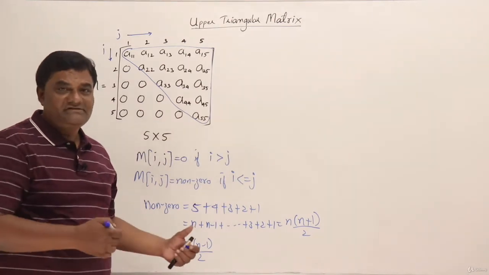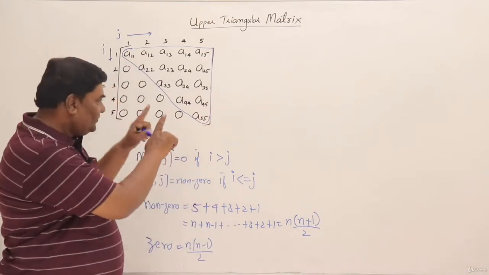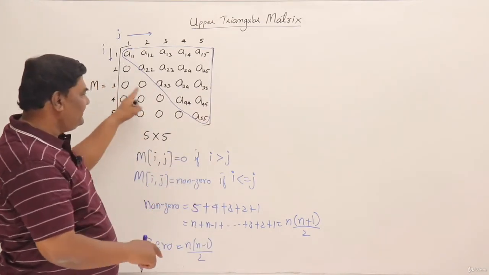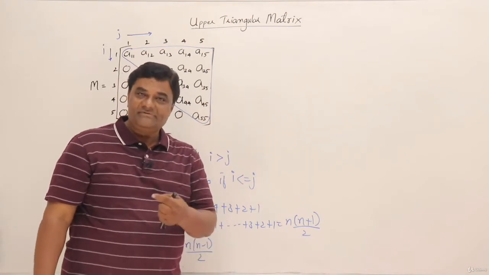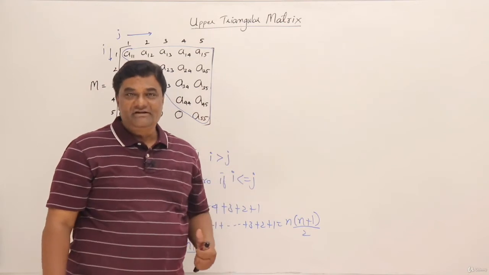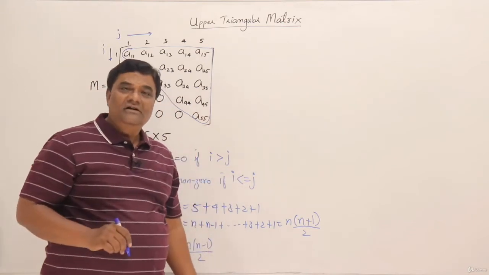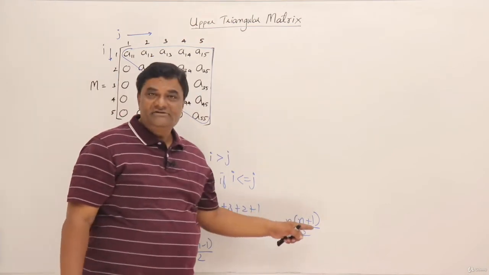Now next, how to represent this in a single dimension array. We will not take a two-dimensional array and fill it with these many zeros. We want to avoid storage of zeros so that we can save some space as well as processing time. So let us take a single dimension array. What should be the size of the array? It depends on the number of non-zero elements, that is n into n plus 1 by 2.